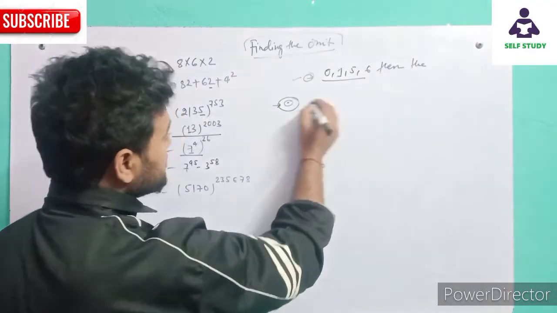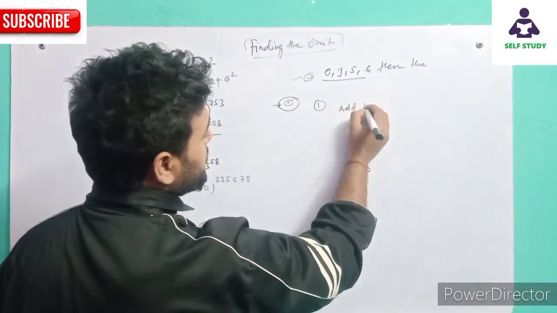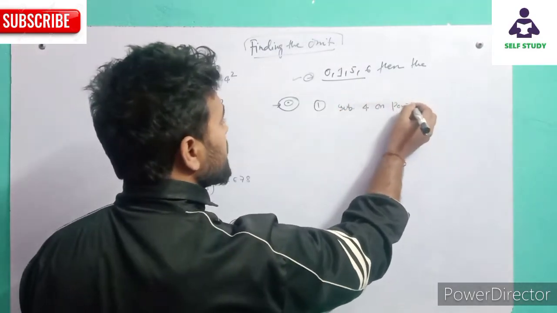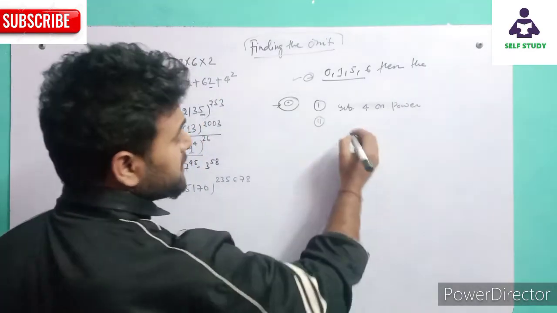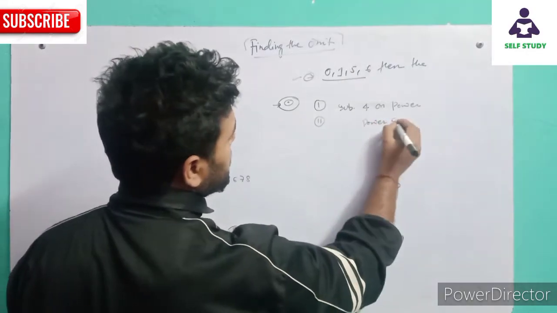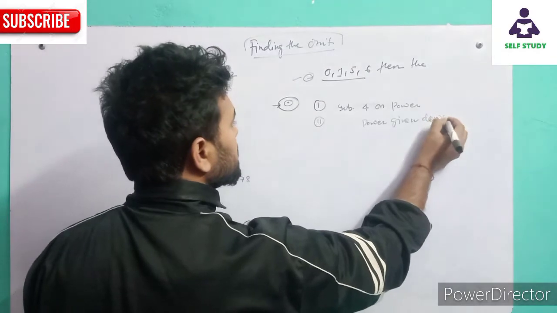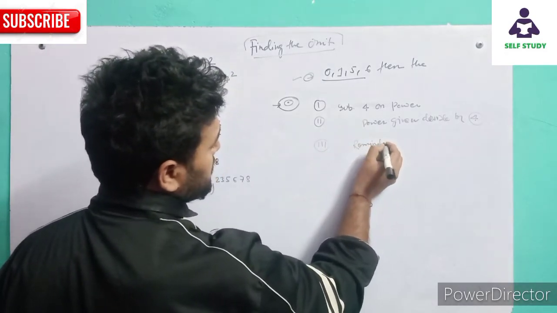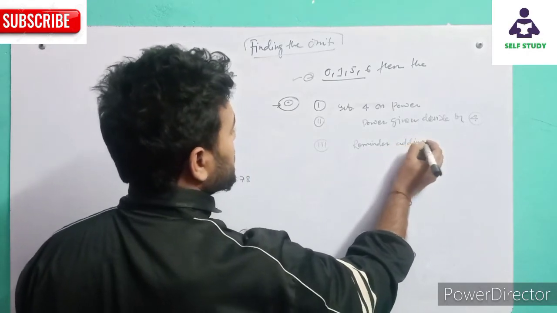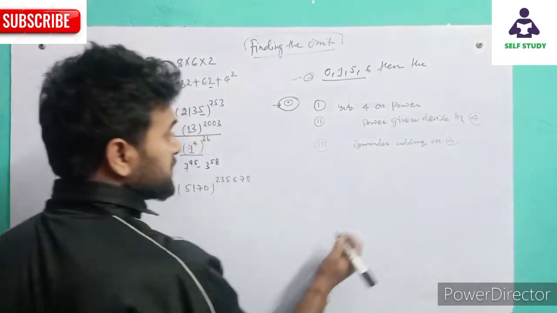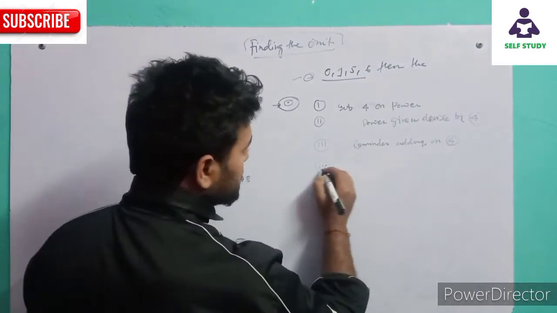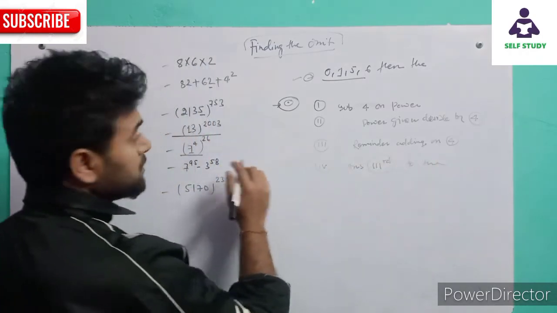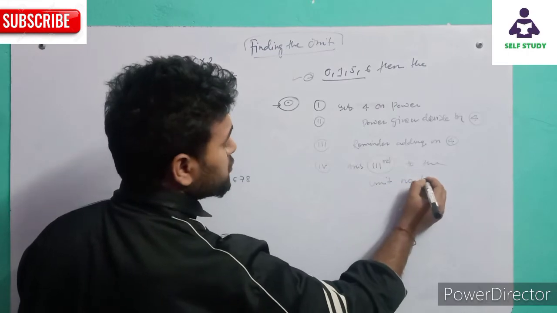In the first step, we take the given power and subtract 4 from it. In the second step, divide the power by 4. In the third step, add 4 to the remainder. In the fourth step, take the answer of the third step as the power of the unit digit number.